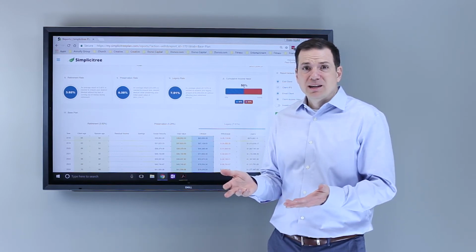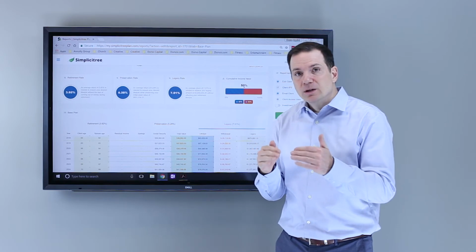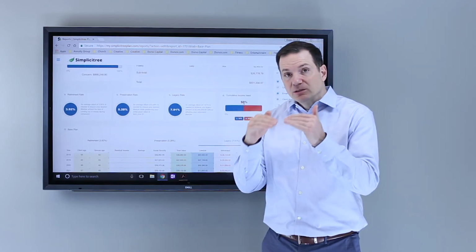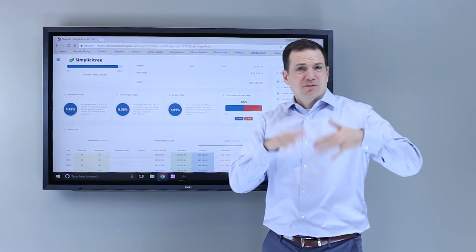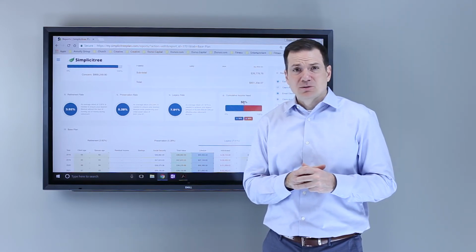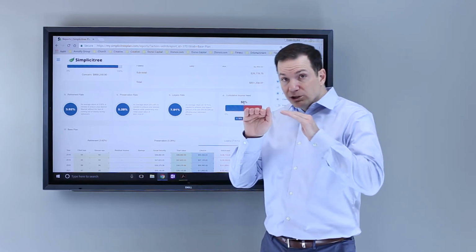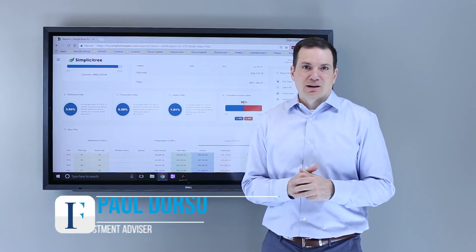Is that enough money? Well, what we do through this system is actually show you what you need to generate, and if your assets are actually going to be able to generate that in income without having to worry about the fluctuations or ups and downs of the market, and how you can drive consistent income, or what you need to drive from an income standpoint to know you're not going to run out of money, okay?